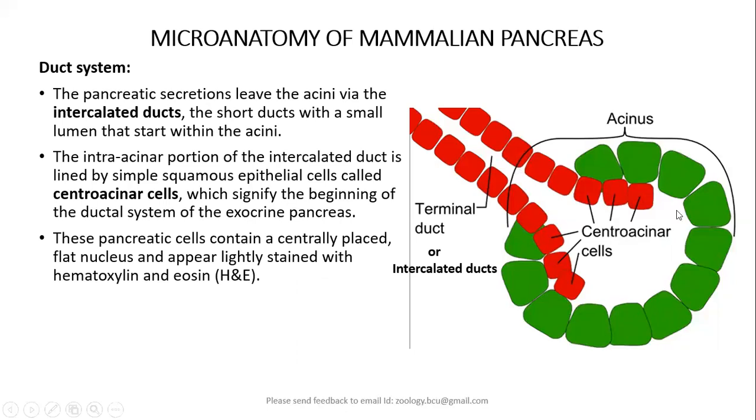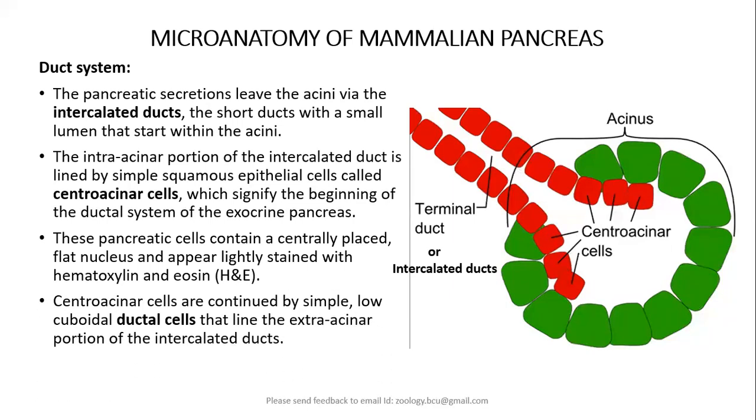These centroacinar cells contain a centrally placed flat nucleus because they are squamous epithelial cells, and they appear slightly light in color when compared to the acinar cells when we stain with hematoxylin and eosin stain.